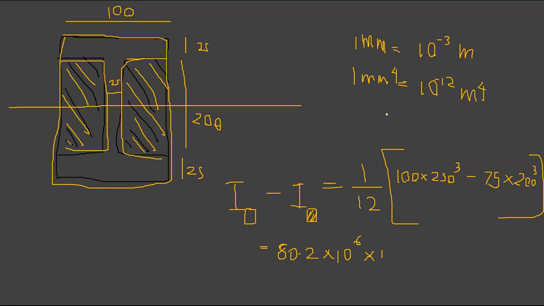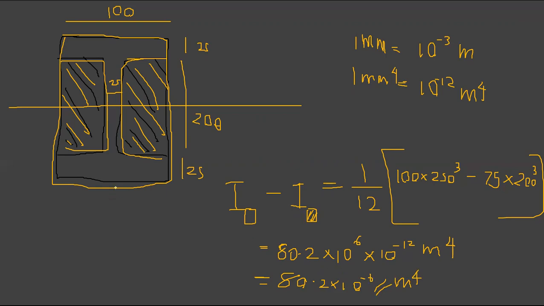So you need to multiply it by 10 to the power minus 12. That's going to give you 80.2 into 10 to the power minus 6 meter to the fourth. Okay, now my I value is okay.